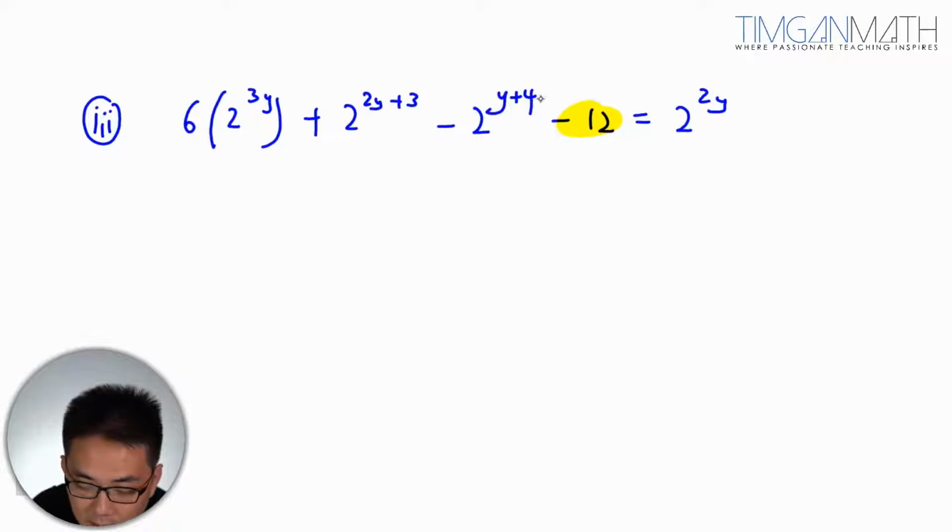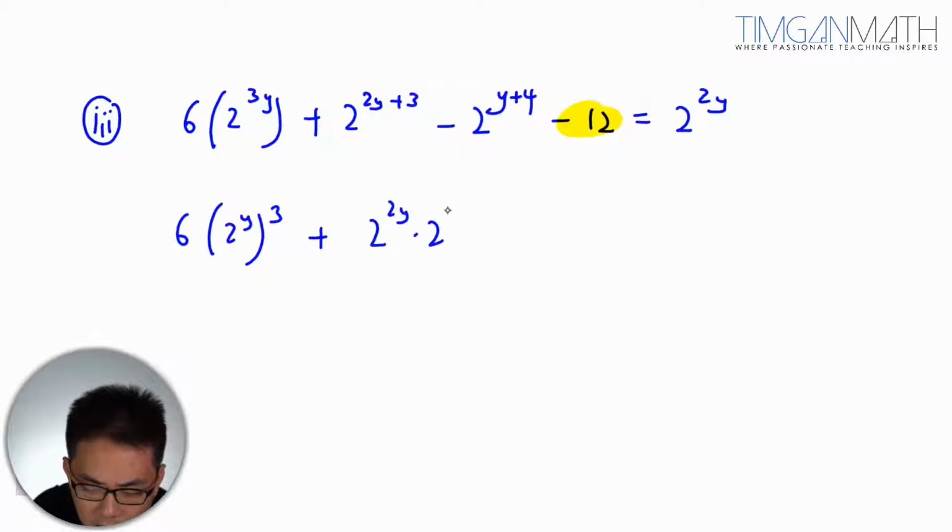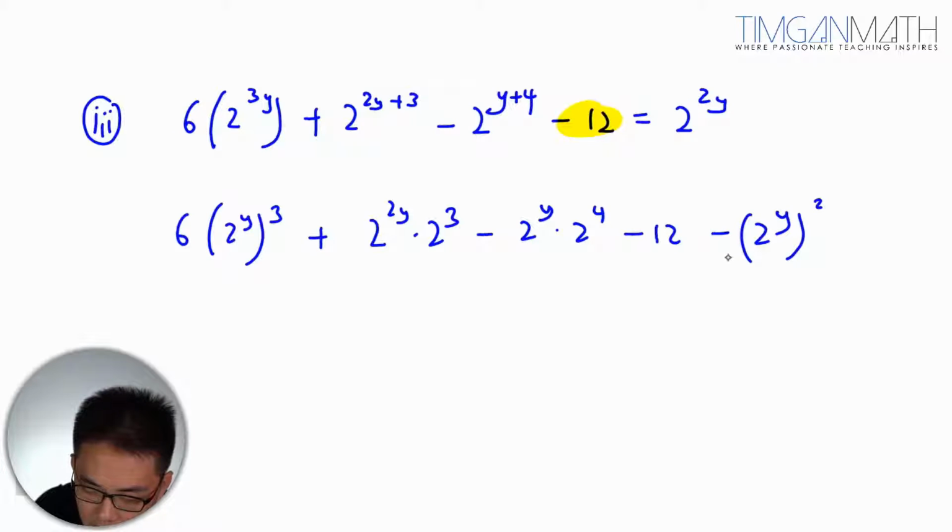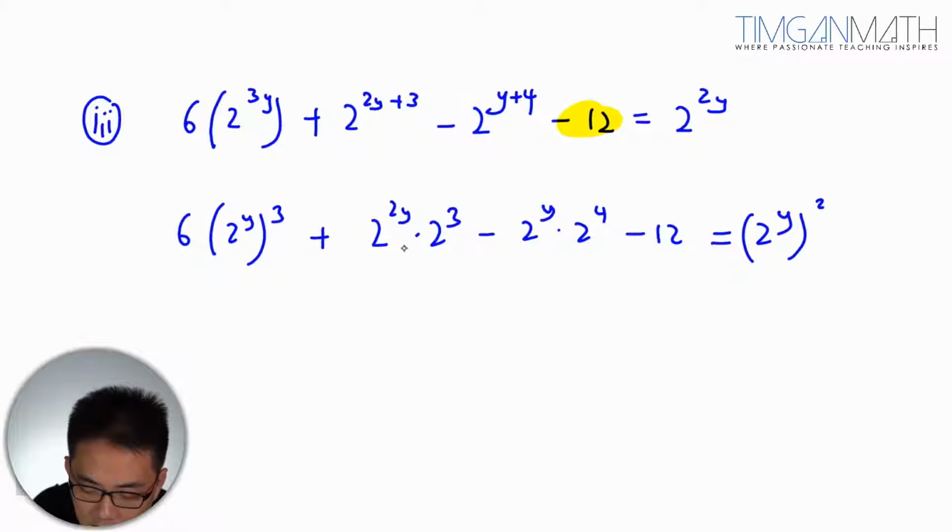I'm just going to group my 2^(3y) and 2^(y), trying to get 2^(2y) here. As you can see, I'm getting a 2^(2y) here, and this could be 2^(2y) as well, so I'm going to break it up.